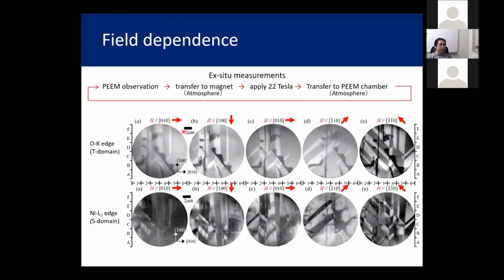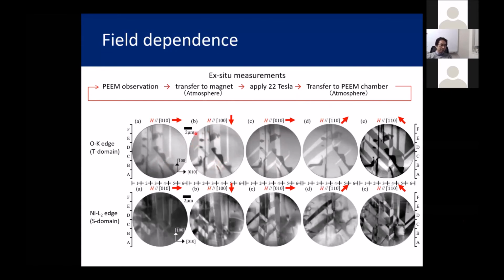As you can see, when we apply the field along the 010, 100 direction and the 010 direction, this pattern does not change too much. By the way, these black spots are basically dust sticking during the measurement, so it's not related to any magnetism.